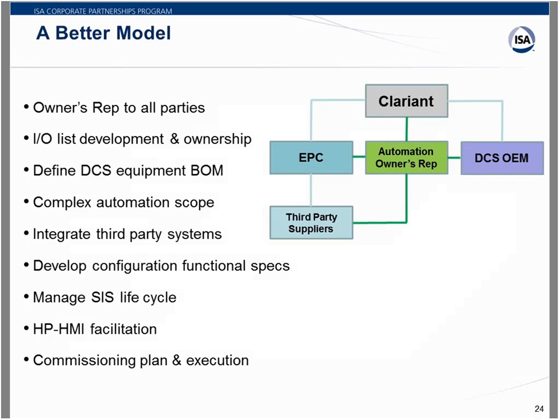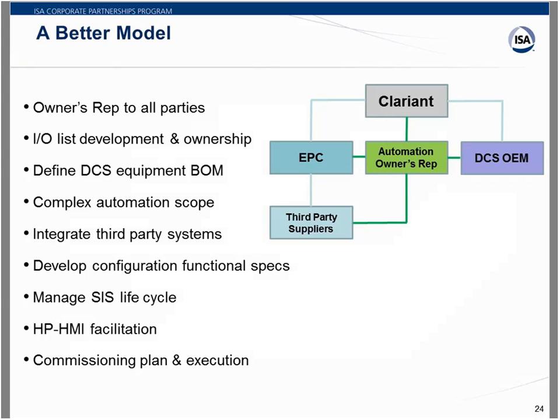Some of the tasks taken on by the automation owner's rep: first of all, supplementing those owners' resources as a representative to the EPC, the third-party suppliers, and the DCS OEM. Serving as that go-between to make sure everyone's getting the information they need, and adding to that information where there were gaps.